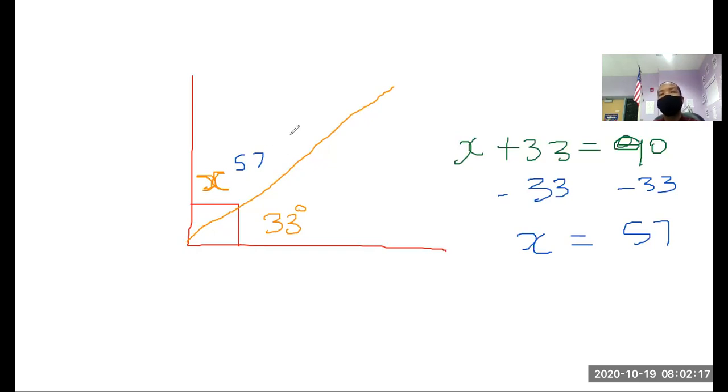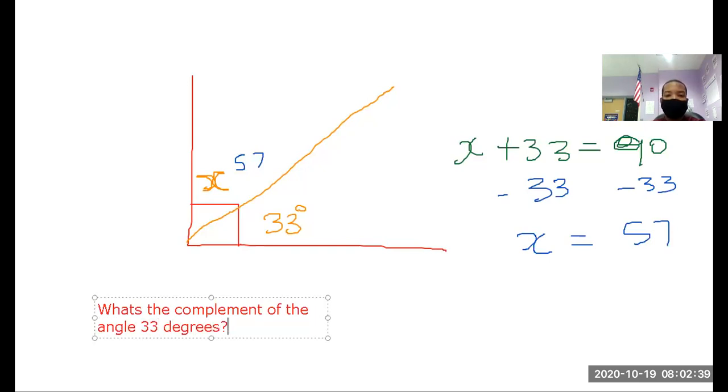So these two angles are complementary. I could also ask you, what's the complement of the angle 33 degrees? Then the answer would be 57 degrees.